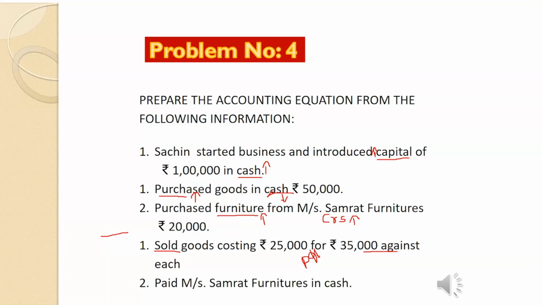That is 35,000 minus 25,000 is equal to 10,000, the profit. So this is added with the amount of capital. So profit is added with the amount of capital.